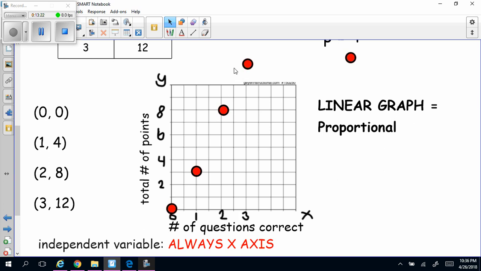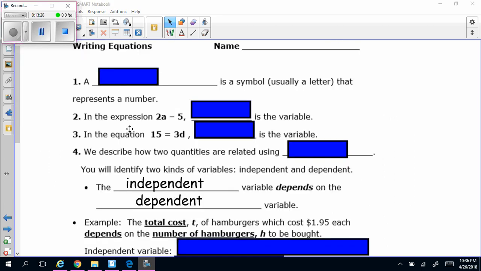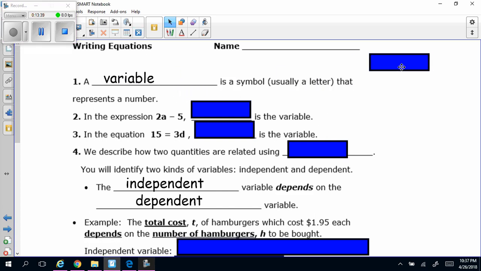All right, so go ahead, and if you haven't already, plot this down. Now, just a little bit of overview. I gave you this half sheet. Fill in the blank. Some of the stuff you already know. So we know that a variable is a symbol, usually a letter, that represents a number.